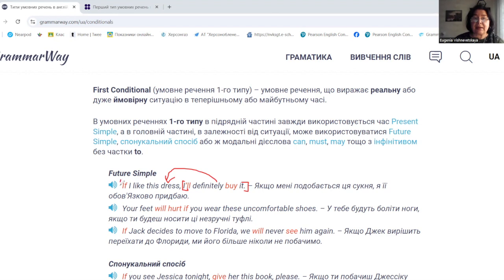If I like it, it is the subordinate clause, not the main one. And to build this sentence, in the if clause we use only present simple. Here, only present simple. And in the main clause, will buy, we use future simple.